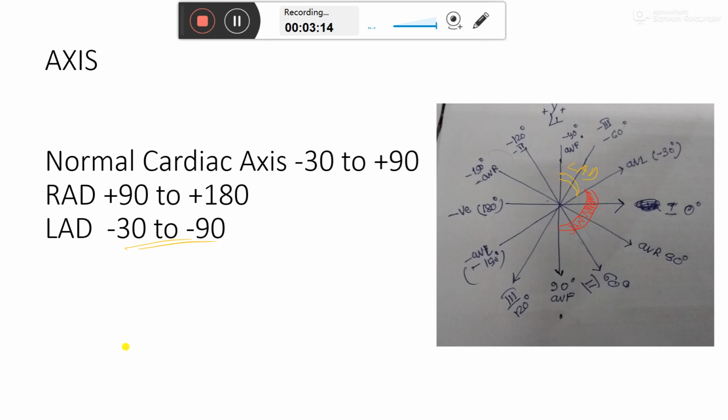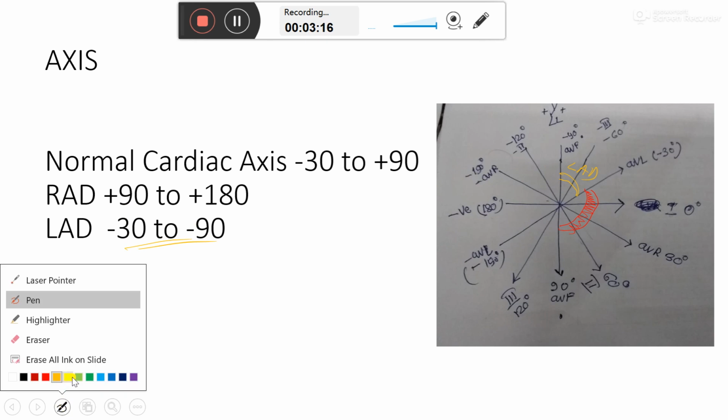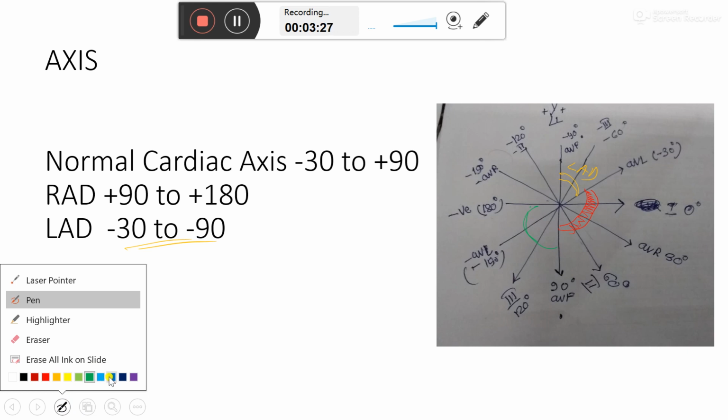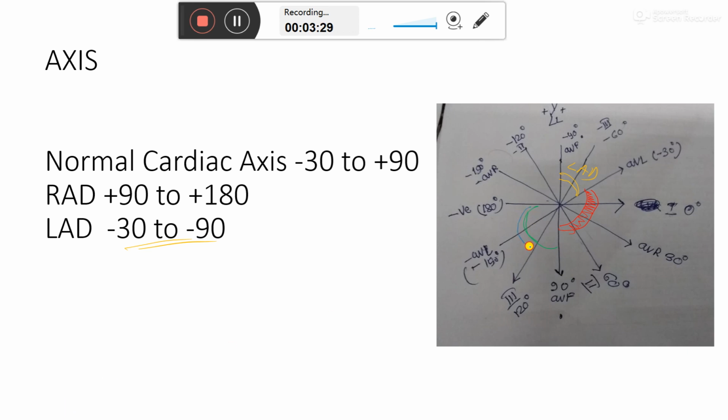If it comes between 90 and 180, this is called RAD, right axis deviation, and the rest, minus 90 to 180, is extreme axis deviation.